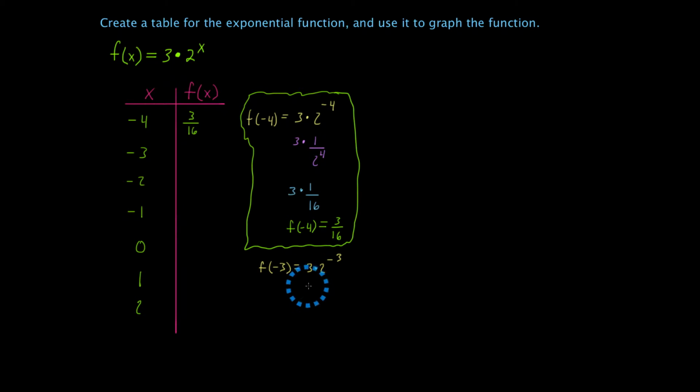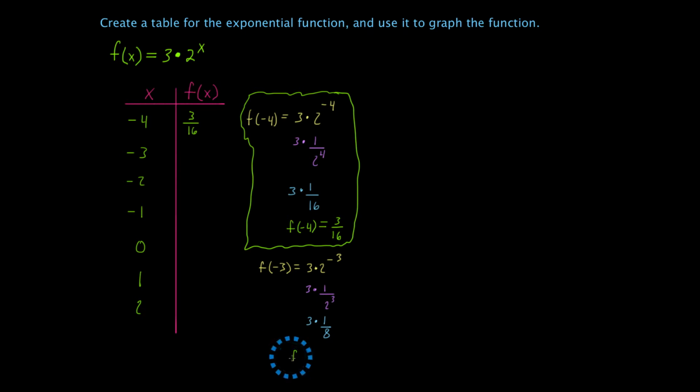So now I really have 3 times 1 over 2 to the positive 3. Alright, so simply 2 to the positive 3 is 2 times 2 is 4 times 2 is 8. So I have 3 times 1/8 here, and now all I have to do is multiply 3 times 1/8.